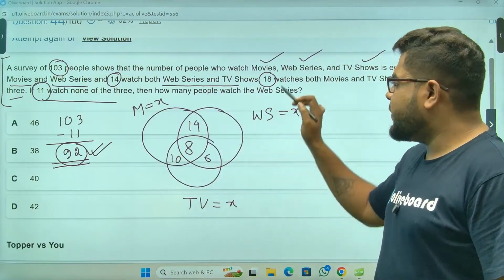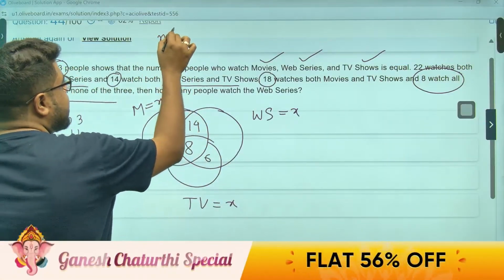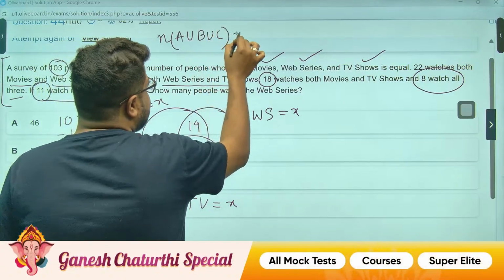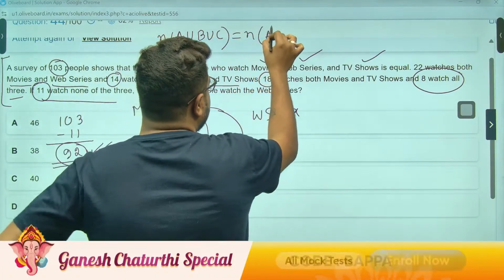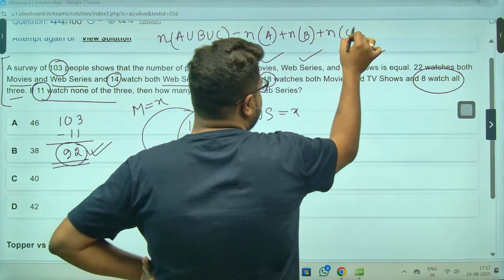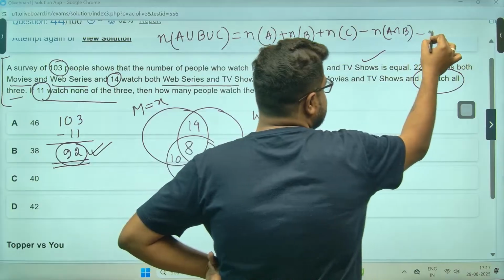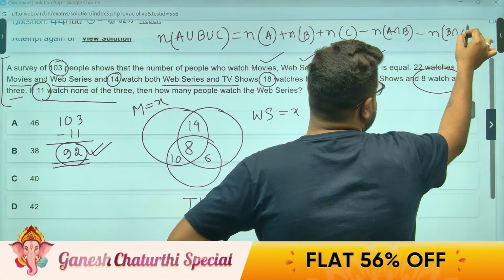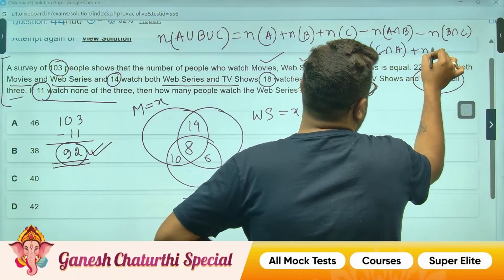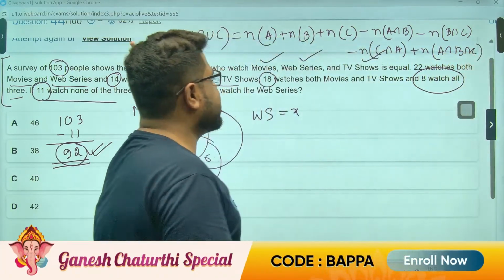Now there are multiple things you can do. If you know the formula on cardinal numbers: N of A union B union C equals NA plus NB plus NC minus N of A intersection B minus N of B intersection C minus N of C intersection A plus N of A intersection B intersection C. This is the big formula.